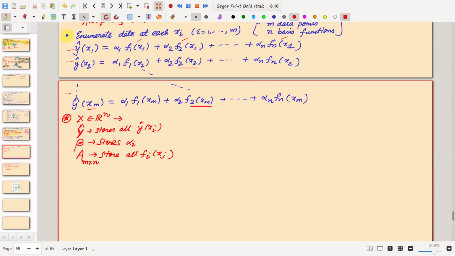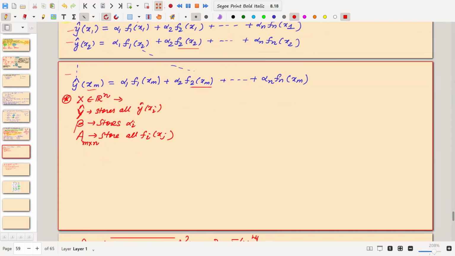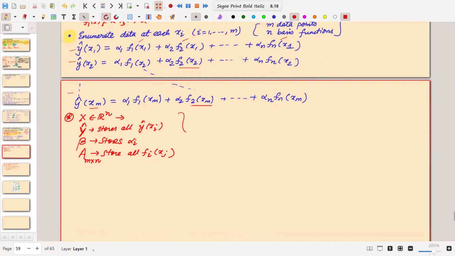Now, can we write this whole equation using these ideas?